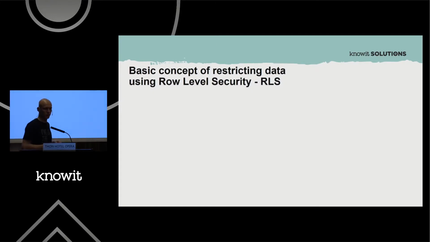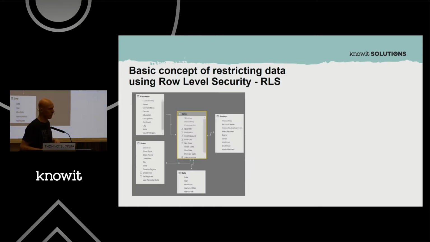The concept that makes this possible is something that we call row-level security. And in order to introduce this row-level security, I'm going to show you what is a quite typical data model within either Power BI or SSAS, depending on where you do your modeling.